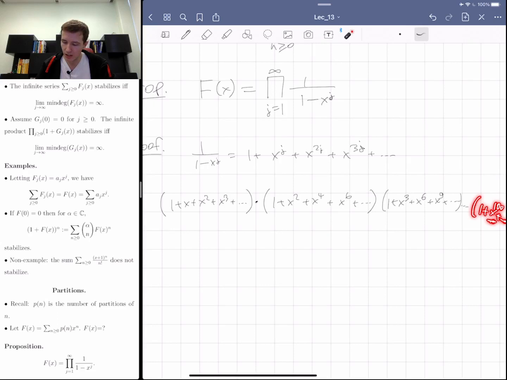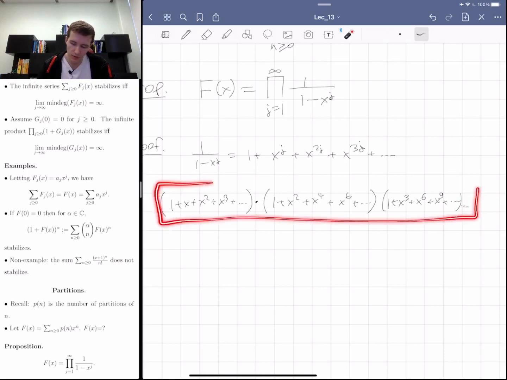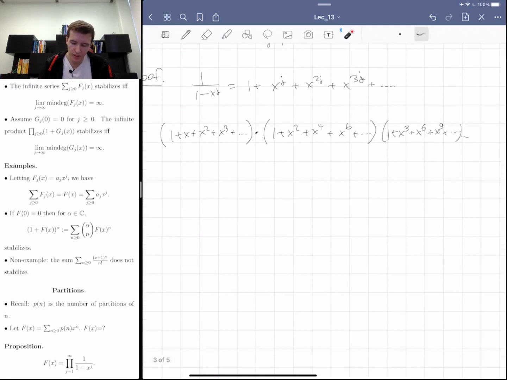So whenever I'm interested in a finite coefficient, I can discard most of the terms. I can focus on finitely many terms, and inside each, I can just cut off the degrees which are higher than 5, so I get a finite sum.